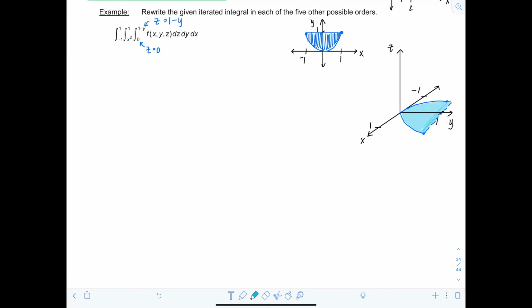Just draw that as a line in the yz plane and then extend it parallel to the x-axis. So here's 1, and it would have intercepts at (0, 0, 1) as well as (0, 1, 0). Imagine this plane coming out parallel to the direction of the x-axis. If you were to create a solid, what would it look like? It only lives above this parabola.